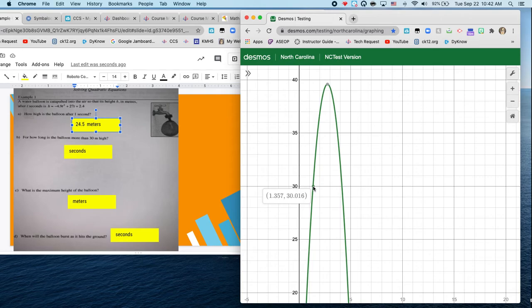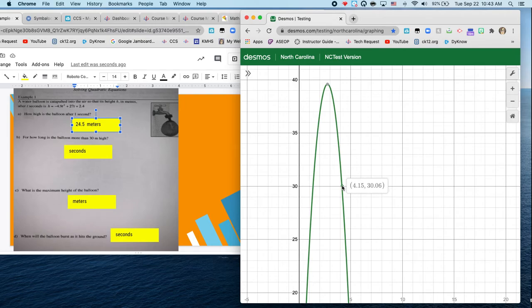So I'm taking my x value because I'm looking for seconds in time. So 1.4, and how long is it above 30 meters? So how high is that balloon in the air above 30? Going back here about when it's 30, you can just move your mouse to find when it's closest to 30 and get an approximate answer here.